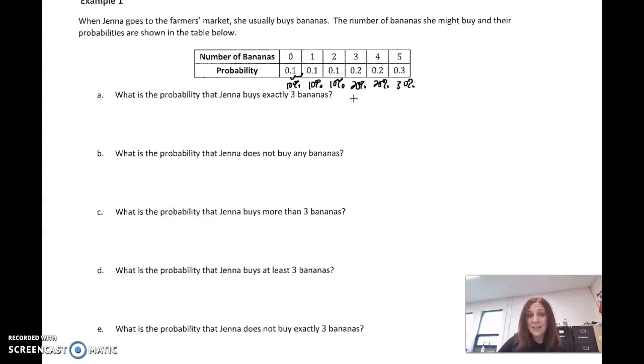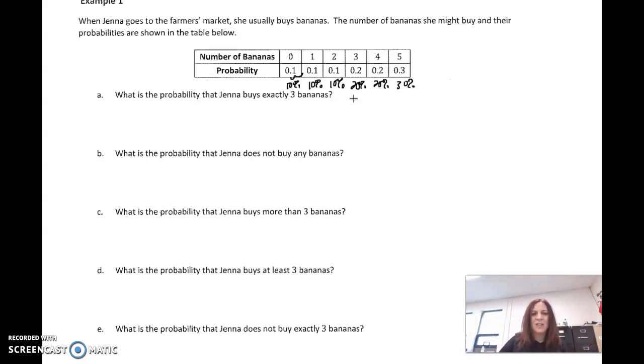But you can see this is just the probability of how many bananas she's going to buy. 3 bananas, 20%, 5 bananas, 30%. So they're not all equally likely. It's a higher percentage that she's going to buy 5 bananas than 0 bananas. Doesn't mean she won't get 0 bananas, but they're just not all equally likely.